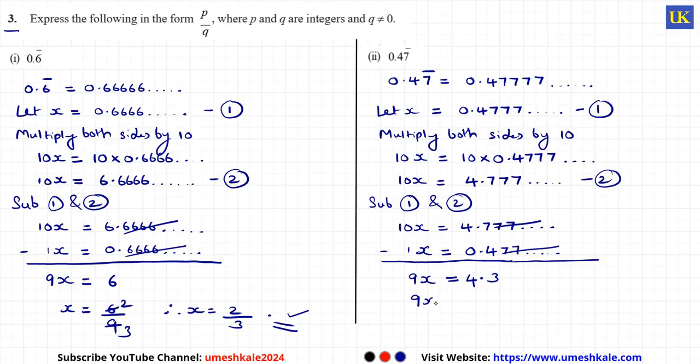Now we know that to remove the decimal, we can multiply by 10, so the decimal will go off. And now I will transfer the 9 to the other side.